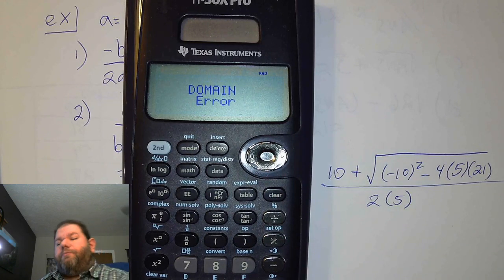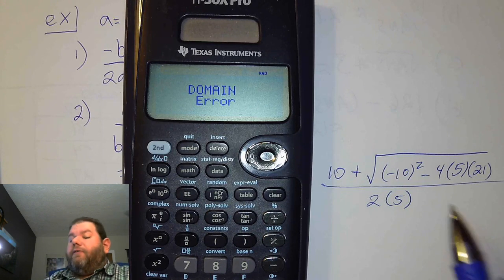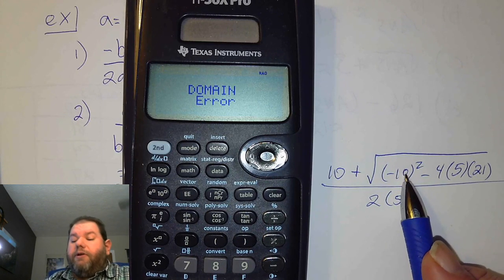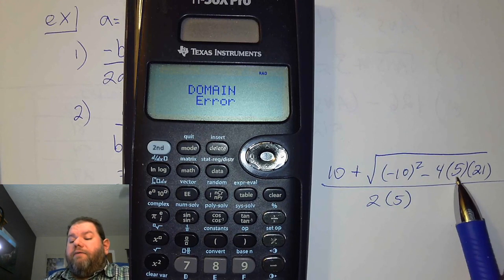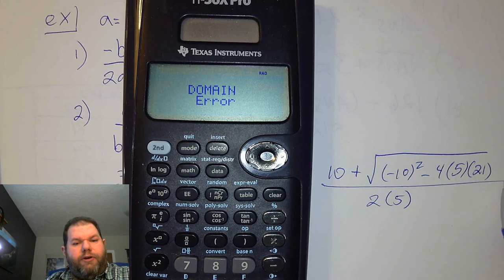Now, some calculators, all of them are going to give you some kind of error here, because what actually happens is that we end up taking the square root of a negative number in this case. So this is 100, negative 10 squared. 4 times 5 is 20 times 21 is actually 420.